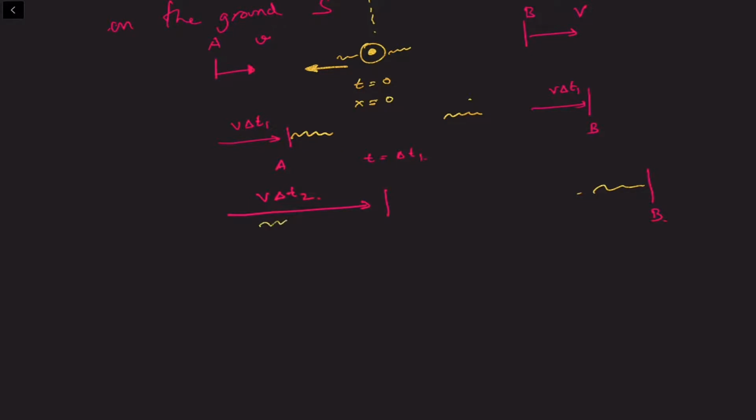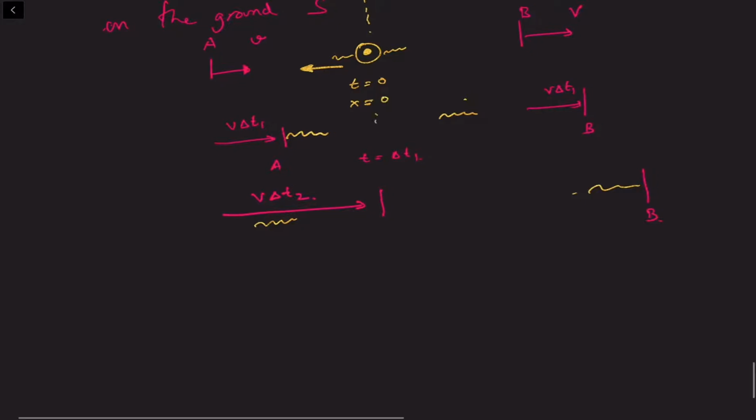The light signal has already been absorbed by A or crossed A, and this light signal, which was sent towards B, has just reached B at this point. Remember that the signal was sent from the location x equal to 0. And the distance moved by B is V delta T2.